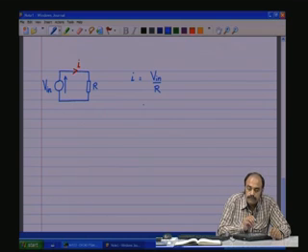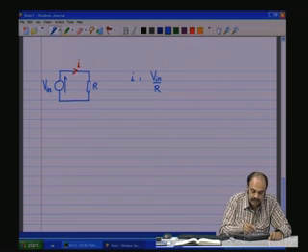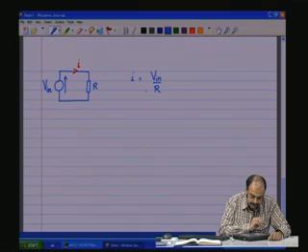There is no phase shift associated with this one, and therefore, I will be having the same phase whatever it was with V in, because I is a variable, V in is a variable, R is a constant.